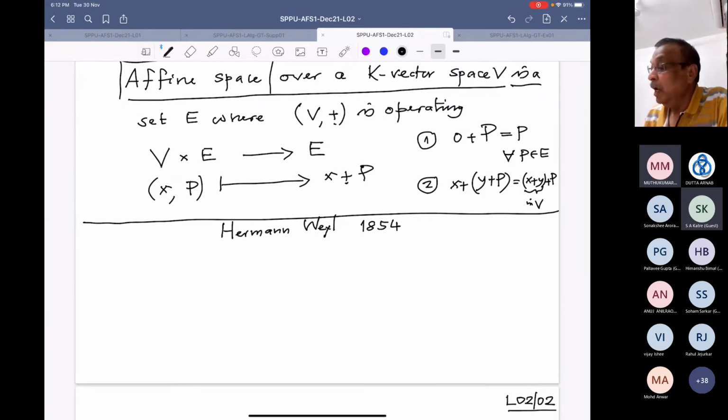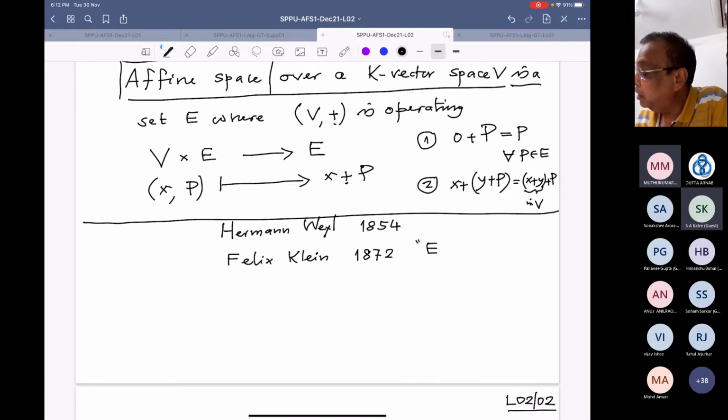Also, this group action subject actually started very systematically by Felix Klein in 1872. There was a famous program, the Erlangen program.